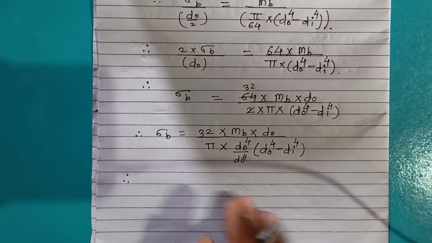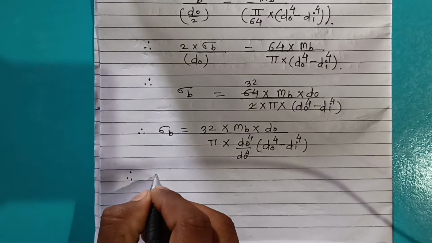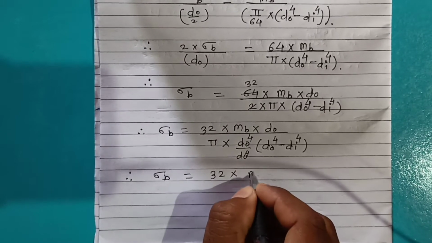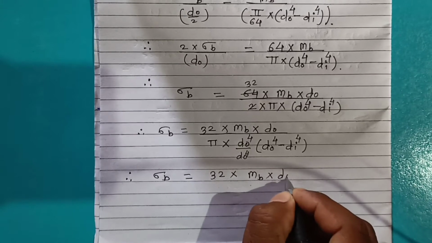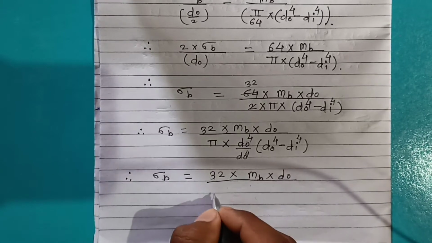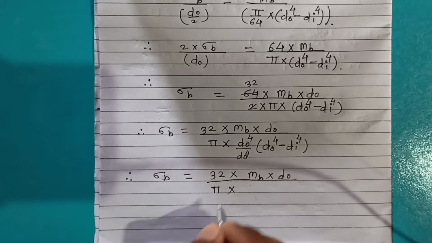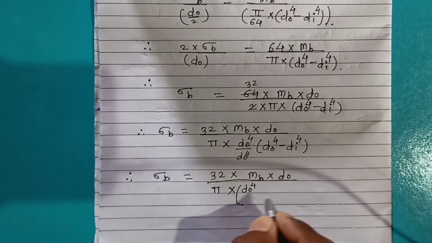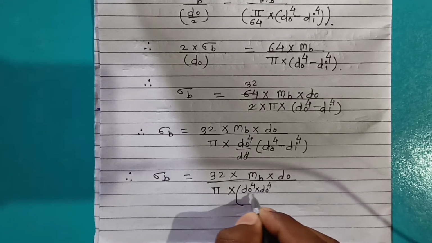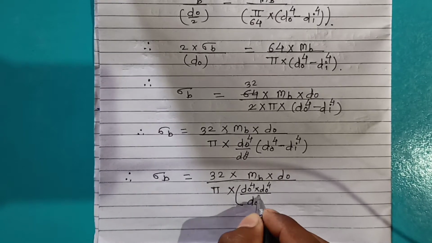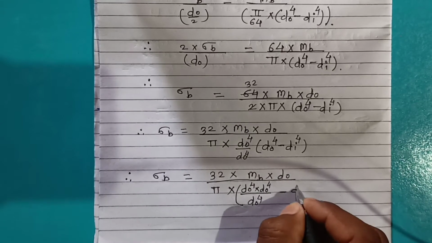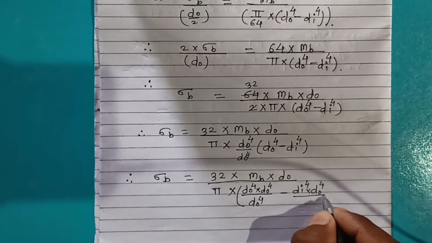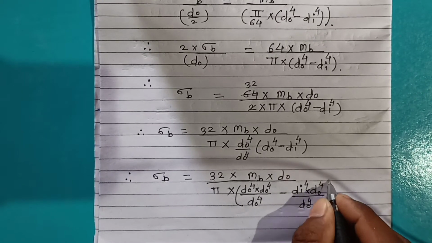Then see, sigma b is equal to 32 into Mb into do divided by pi into do raised to 4, in bracket do raised to 4 divided by do raised to 4 minus di raised to 4, into do raised to 4 divided by do raised to 4.